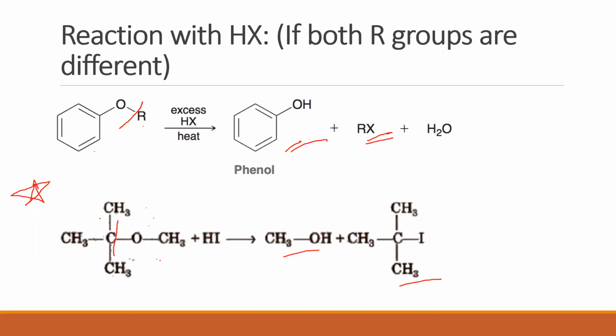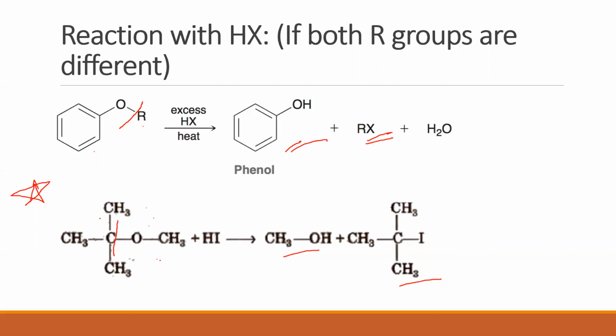Whereas if both the R groups are different, then the smaller R group will become the halide, the bigger R group will become the alcohol. If it is aromatic, then the bond will not be cleaved between benzene and oxygen. The bond will always be cleaved between the other R group and oxygen.